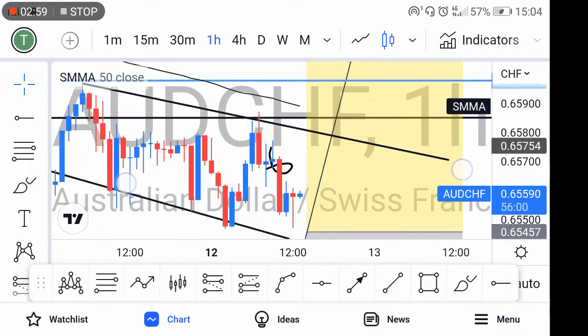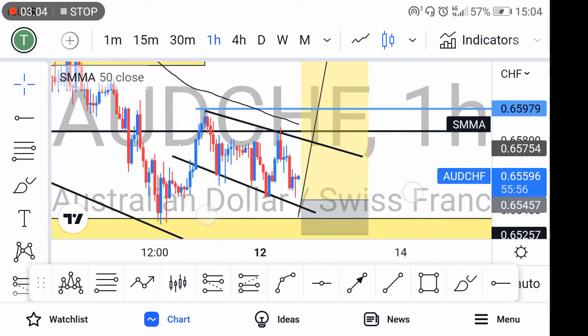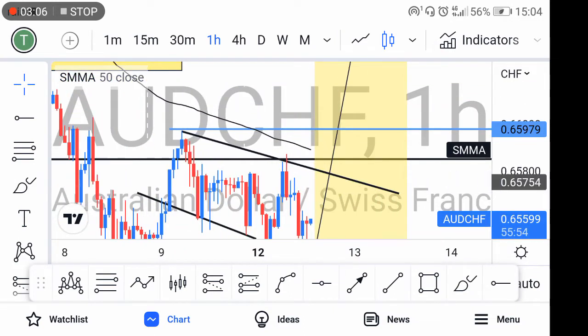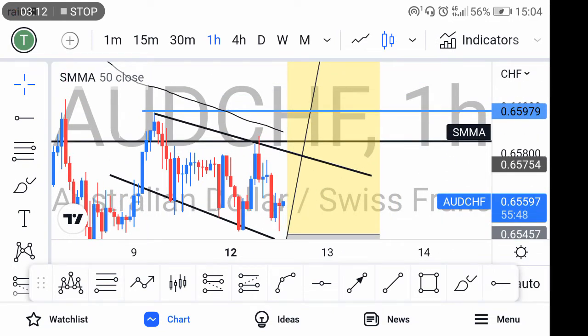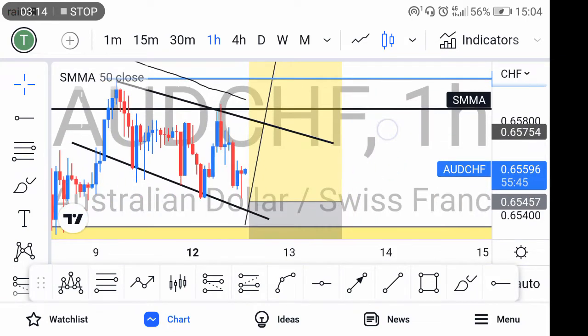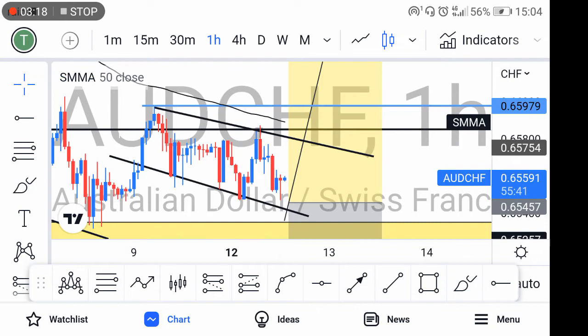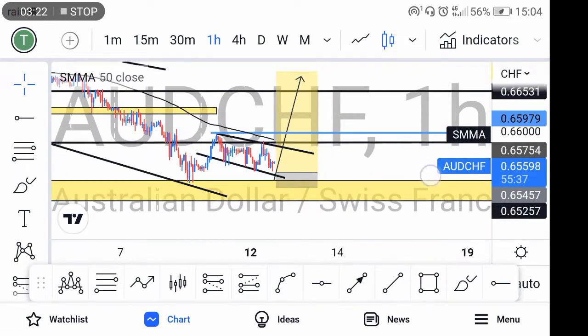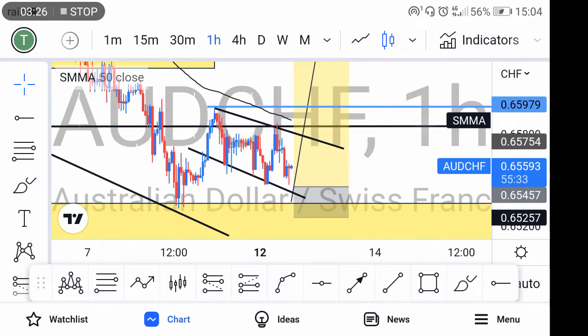So as you can see, it has completed the setup. And I took an early entry here, so it went down. So I will expect it to offset those entries before I can take the actual entries. But now I can see it's ready for those buying opportunities, guys, and this is gonna be one of those swing trades, guys.